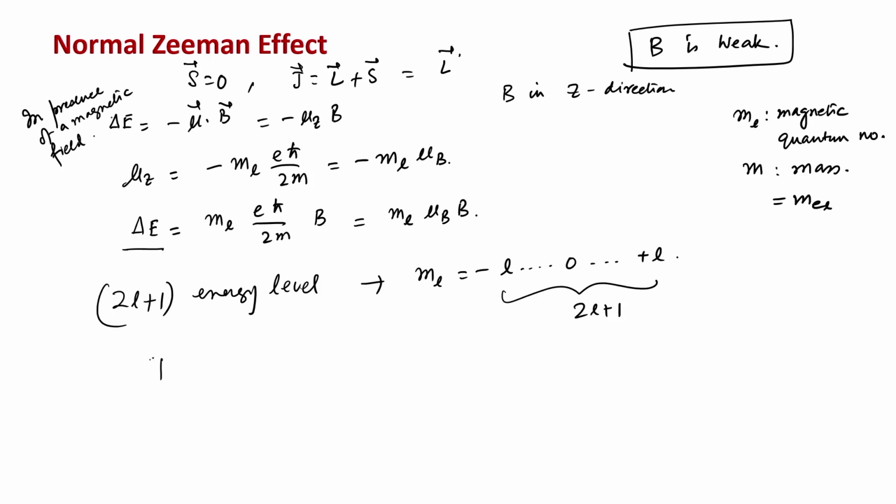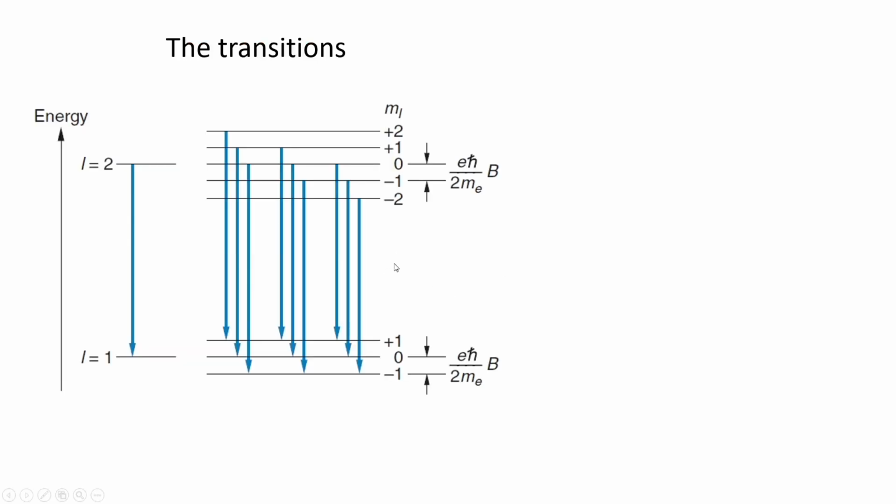So, one can actually show the transition between these L equal to 2 and L equal to 1 levels. Okay. So, we are just talking about this azimuthal quantum number, which is rather this orbital quantum number L, and between these L values we are considering the transition, and you see that this will cause a transition like this.